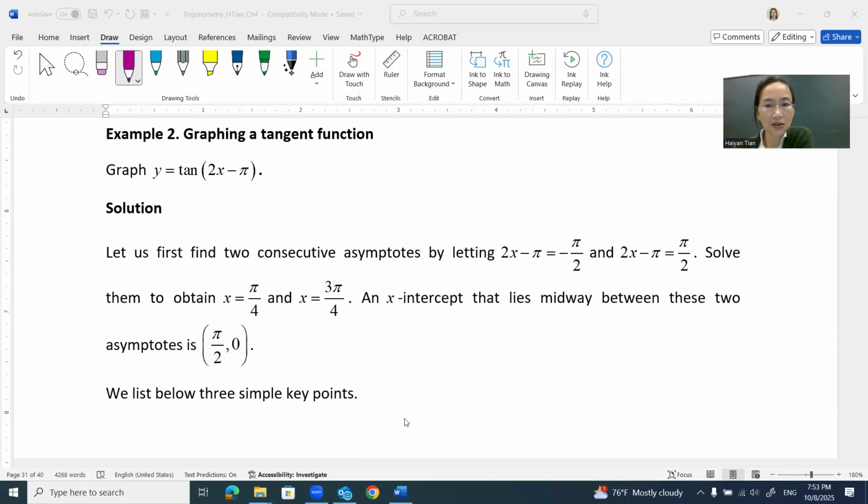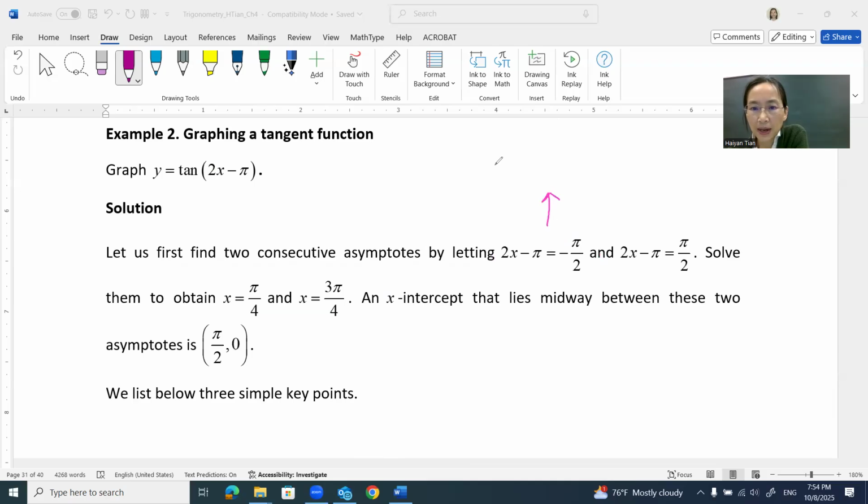What we can do is first find the vertical asymptotes. When this quantity is negative half of pi, the given function is undefined. That means when x equals a certain value, this tangent is undefined, so we have to solve this equation for x. How do we solve?